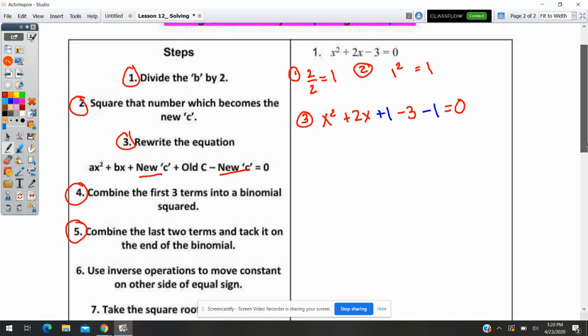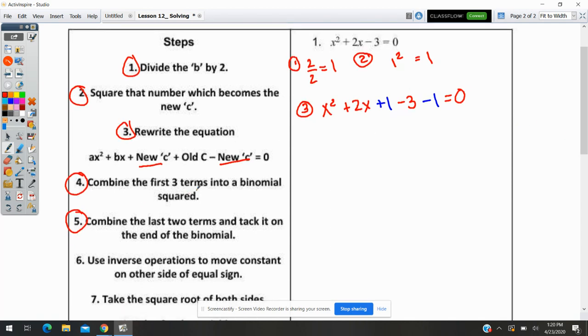Next, we're going to combine the first 3. We're going to factor the first 3 terms into a binomial squared. Remember, b divided by 2 is the value in the binomial. So it's going to be x plus 1 squared.